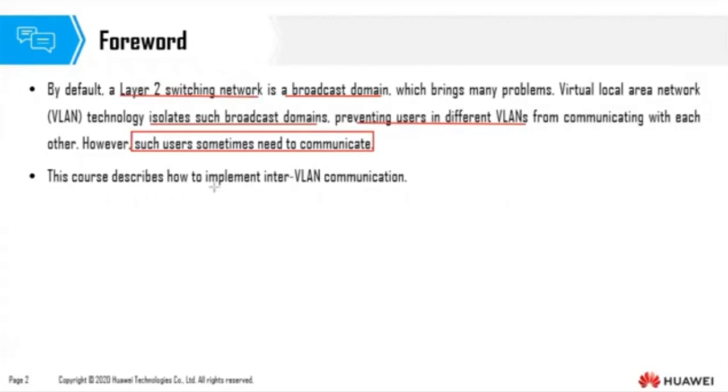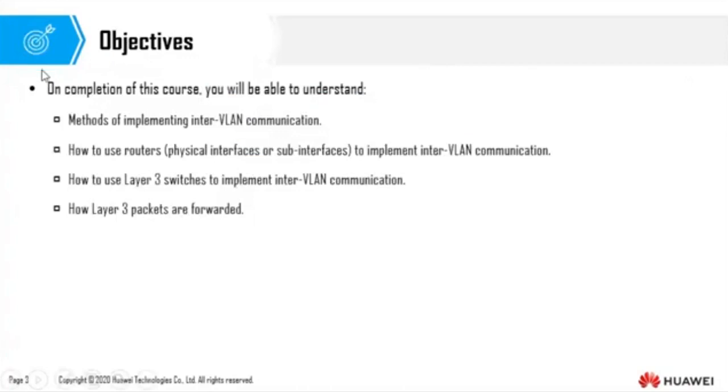Now, this course describes how to implement inter-VLAN communication. By the end of this chapter, you should be able to, number one, master the methods of implementing inter-VLAN communication, then how to use routers to implement inter-VLAN communication, then how to use layer 3 switches to implement inter-VLAN communication.